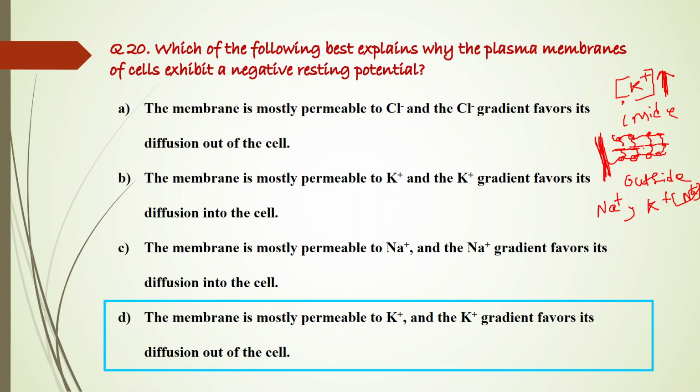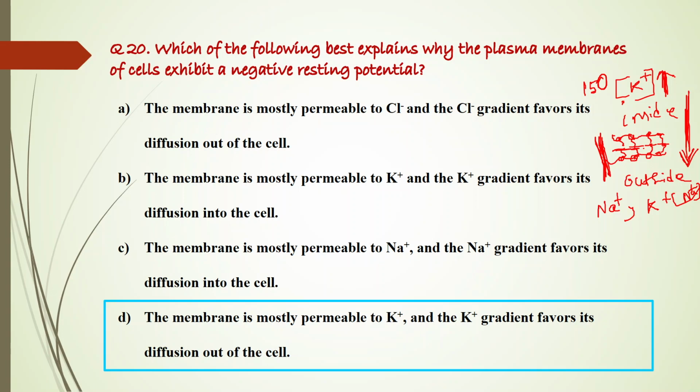And because now the K plus concentration is more inside and less outside the cell, this concentration gradient will help in regulating a fixed concentration of K plus ions inside the cell. Suppose for functioning, I do not exactly remember the millimolar value for K plus concentration, but suppose we need around 150 K plus ions inside. Suppose.